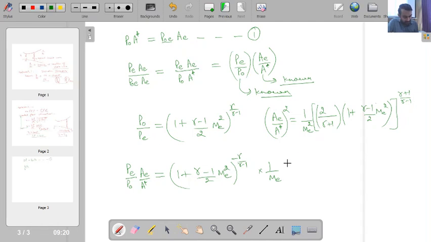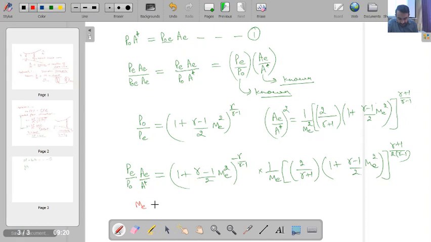Fine, this will be 1 by ME because I have to take square root. And multiplied with 2 by gamma plus 1 into 1 plus gamma minus 1 by 2 M E square, whole power gamma plus 1 by 2 times gamma minus 1. So 1 by 2 has come because of the square root. Okay, so now if you further simplify this equation, you can actually calculate the value of ME. Okay, so by simplifying this relation, I can calculate the value of ME.